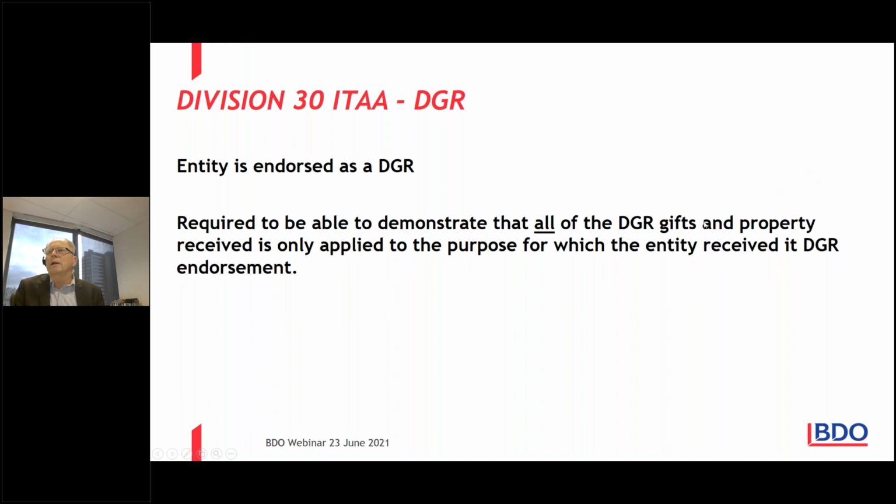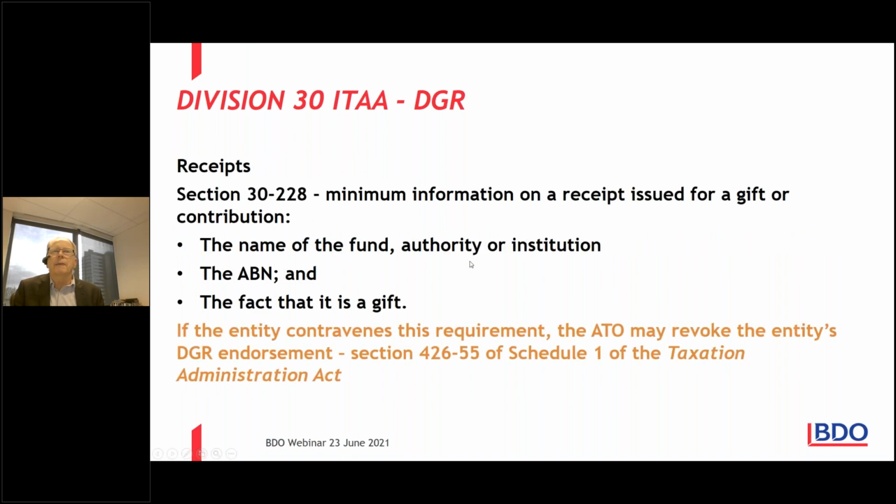And then the final one is a simple thing: failing to issue the proper receipt, with the name of the fund or the institution, its ABN, and the fact that it is a gift. If you fail to do that, the ATO may revoke the whole DGR endorsement. They can take away your endorsement.